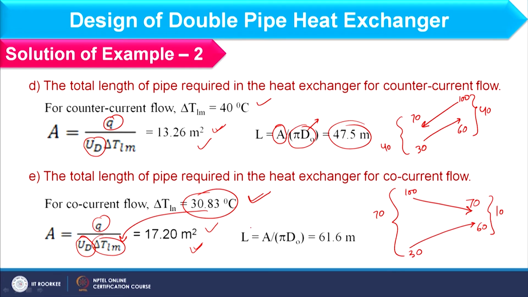So, considering these values we can find out the total length of heat exchanger, because obviously when I am having more area I can find more length of heat exchanger. So, as we have discussed in counter current flow, we can simply obtain the length of heat exchanger as 61.6 meter, right. So, in this way we can find out all parameters which are required to complete example 2.